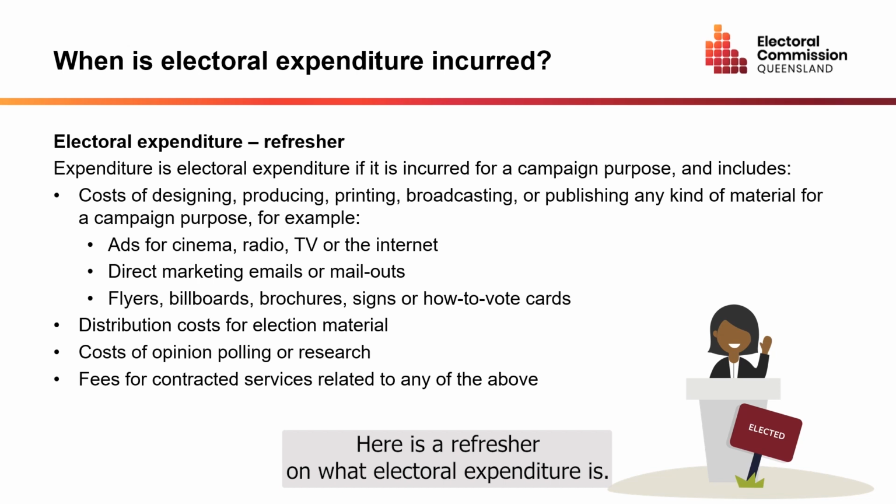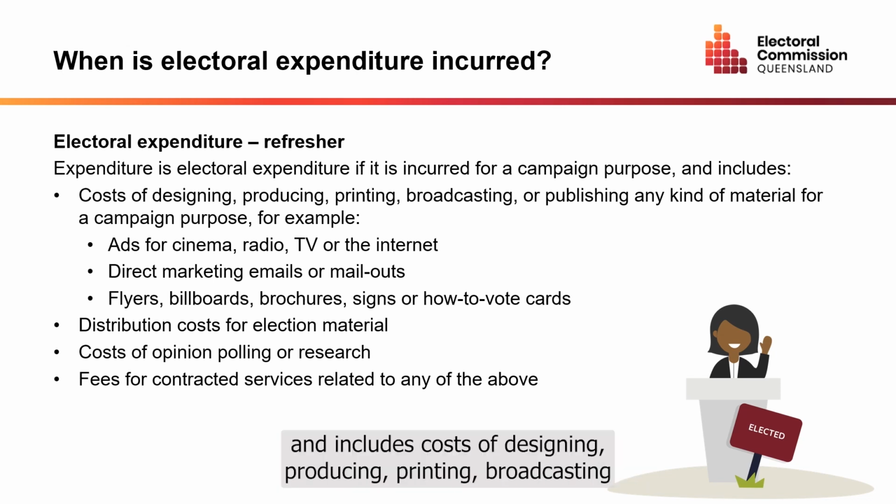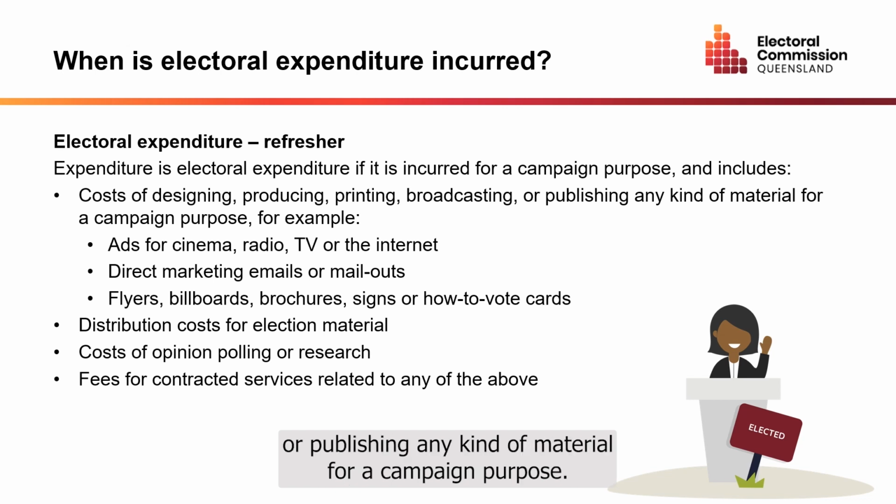Here's a refresher on what electoral expenditure is. Expenditure is electoral expenditure if it is incurred for a campaign purpose and includes costs of designing, producing, printing, broadcasting, or publishing any kind of material for a campaign purpose.